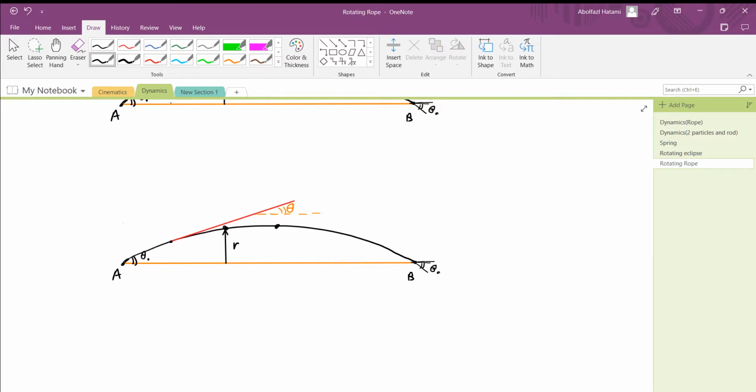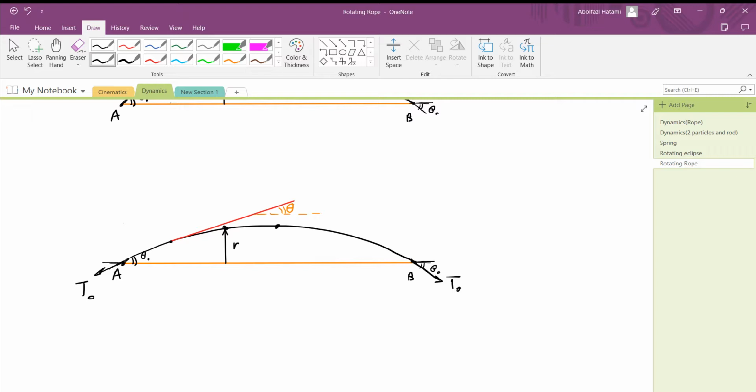And we also have two T0s here, T0 and T0, and they make angle theta 0 with the horizontal.